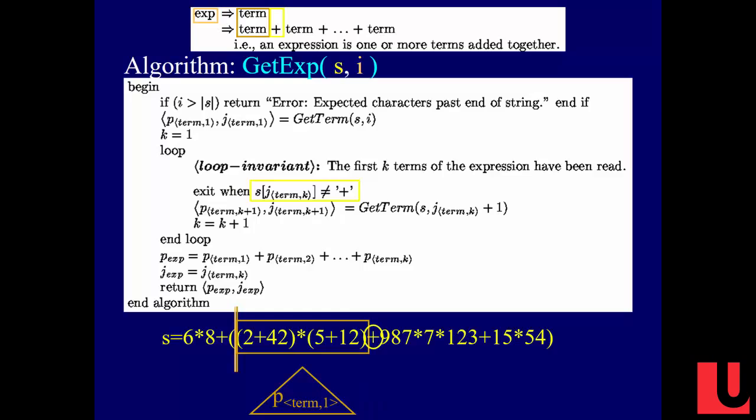And you'll note here where we're indexing, the J that got returned was not the end of the term, but one past the term. So when we look for the plus, we just look at it right indexed at J. Right? And we see, is it a plus? And yes, it is a plus.